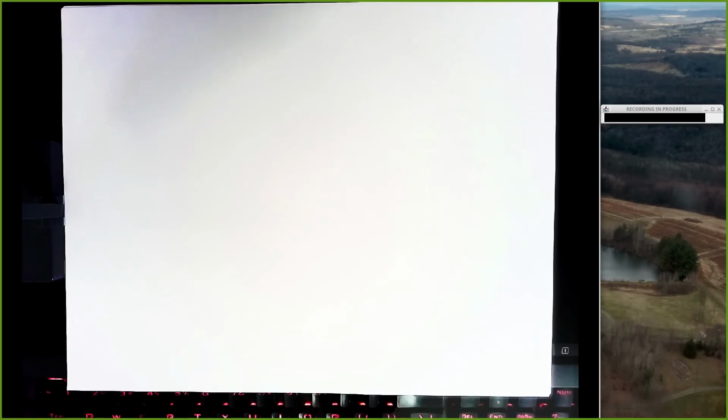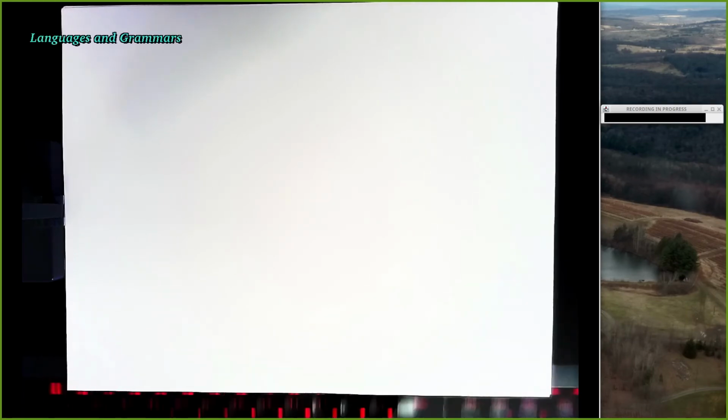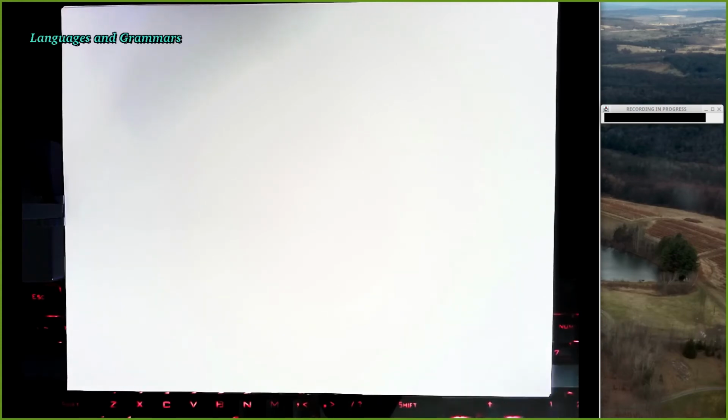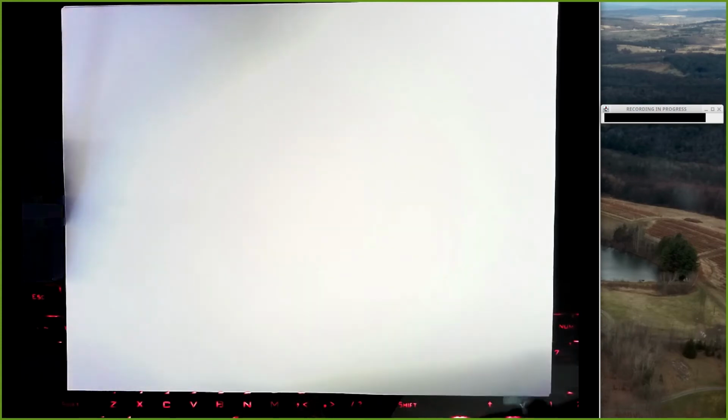And so I'm going to skip on to what's listed as the last unit in the syllabus, and this is going to be languages and grammars. We'll definitely talk about this on Wednesday and possibly part of next Monday also.